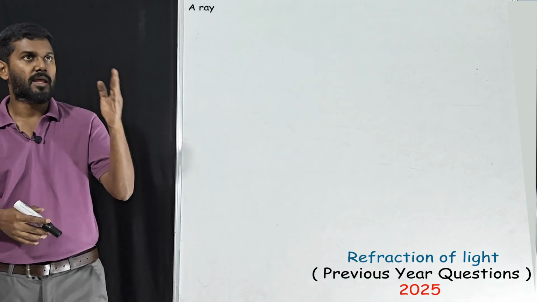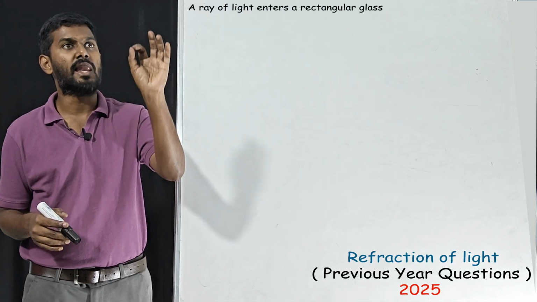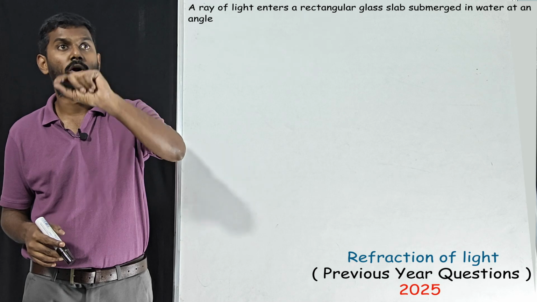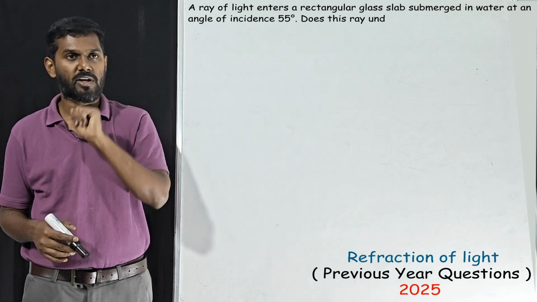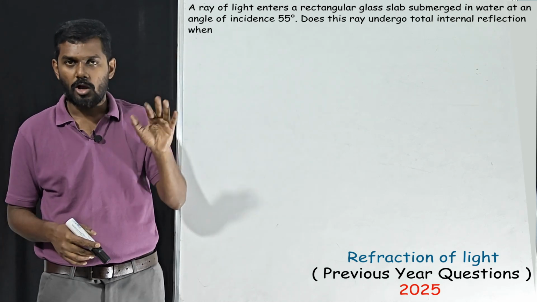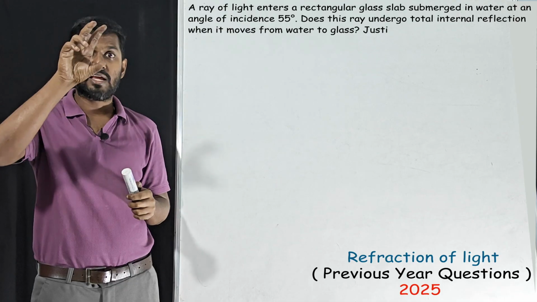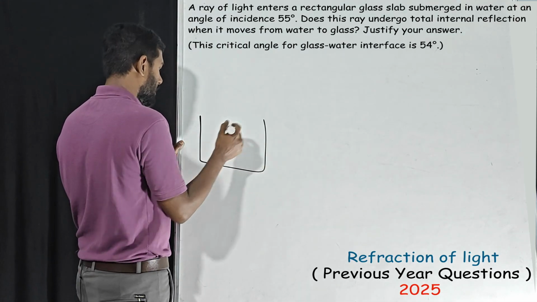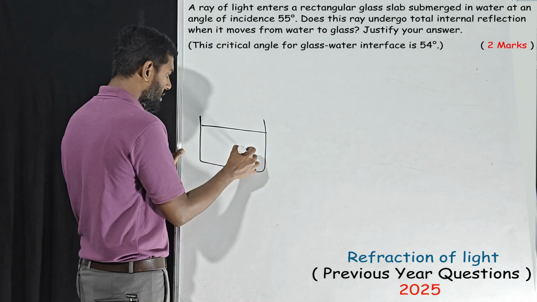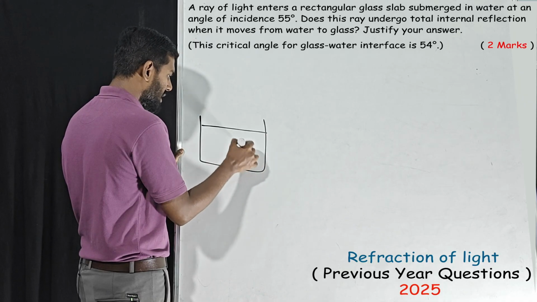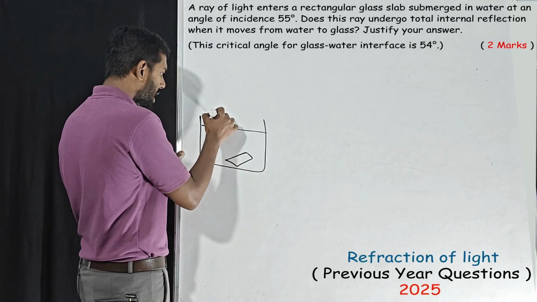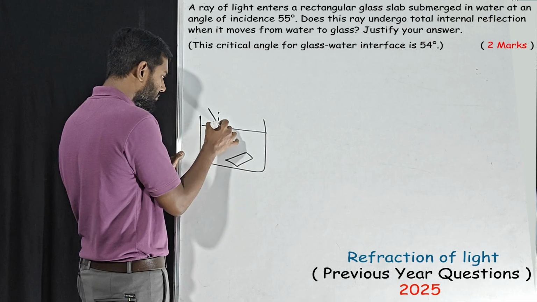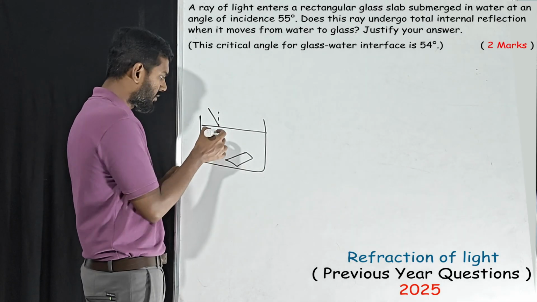Our next question: a ray of light enters a rectangular glass slab submerged in water at an angle of incidence 55 degree. See, there is a ray of light entering, and there is a glass slab which is inside the water. Now listen. So this is the water, there is a rectangular glass slab, a ray is entering. This diagram is not required.